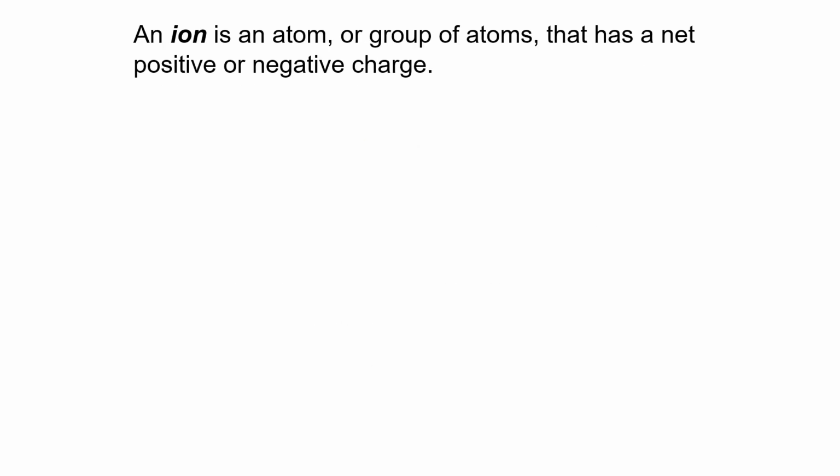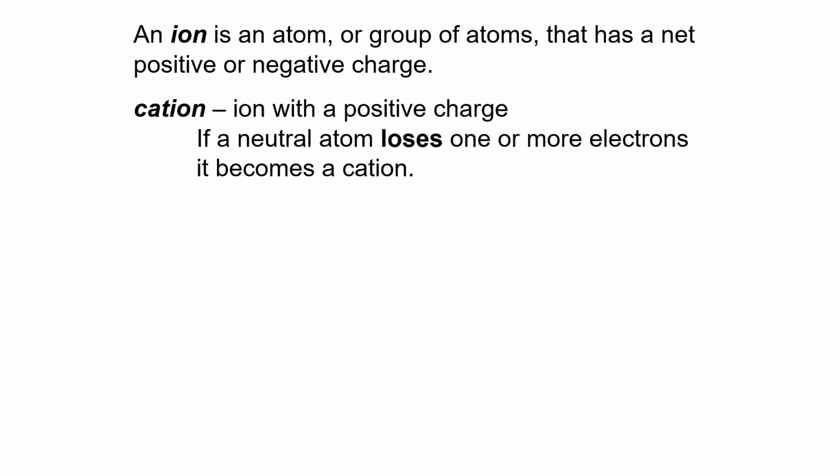So ions are formed by atoms or a group of atoms that have a net positive or negative charge. A cation specifically describes an ion with a positive charge. And if a neutral atom loses one or more electrons, it becomes a cation.